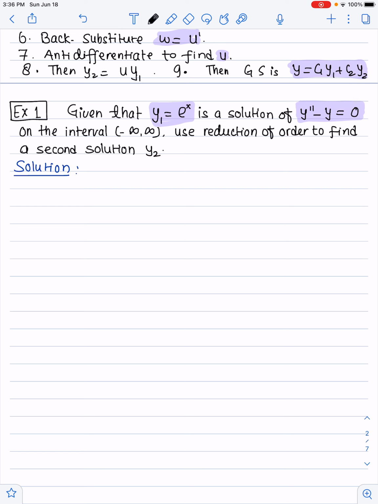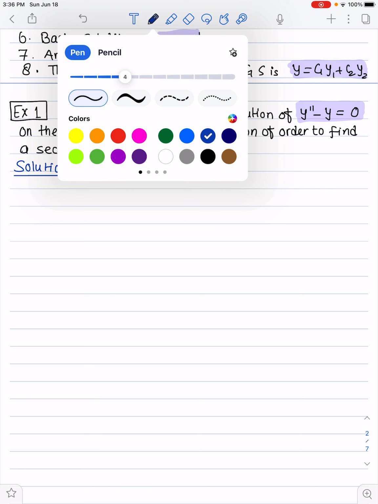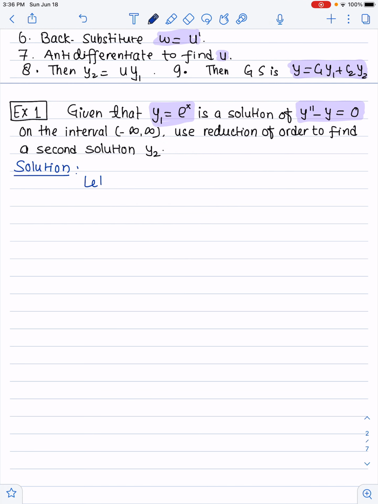So the first step is, let y2 equals u of x times y1 of x, where u of x is not a constant function. I will drop the x to make the calculation easy.